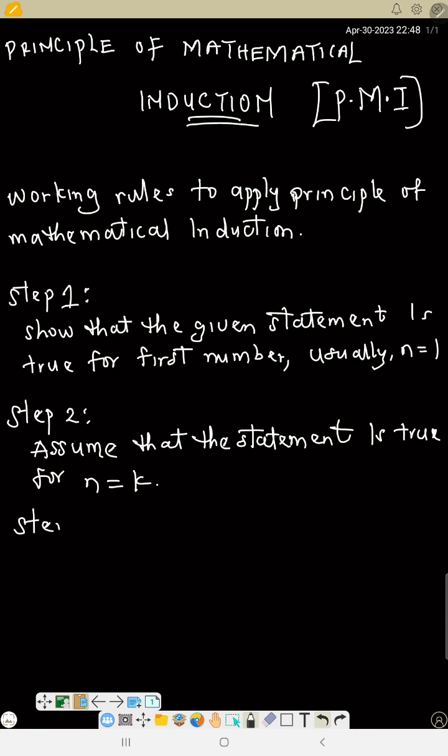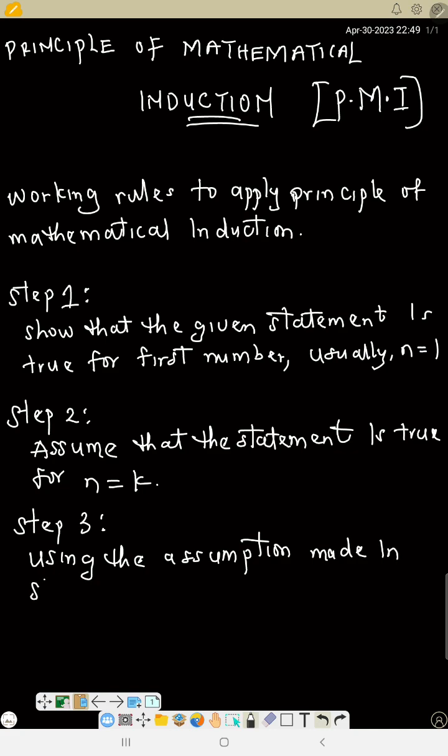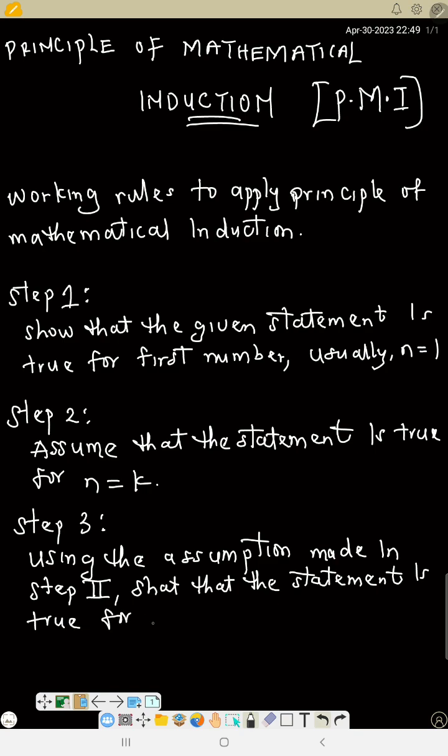Then step 3, using the assumption made in step 2, using the assumption made in step 2, show that the statement is true for n is equals to k plus 1.